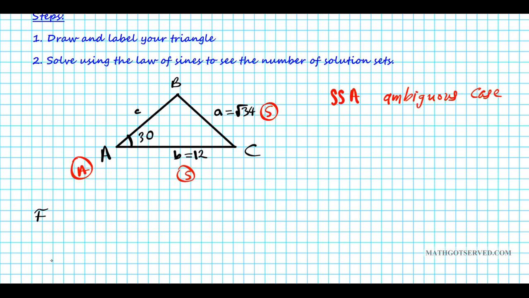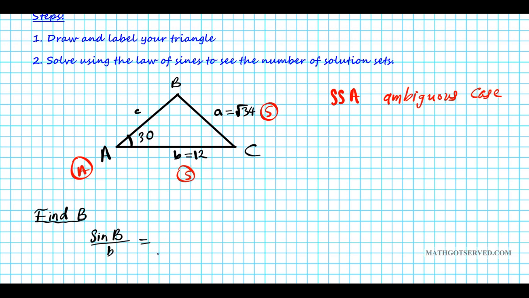So we're going to start off by finding the pair that's incomplete, and then we can advance from there. The incomplete pair is B, so we're going to find uppercase B, which is the angle. All right, we're going to use the law of sines. Sine of big B, I like to start with what I'm looking for, divided by lowercase b equals, now the next ratio must be complete.